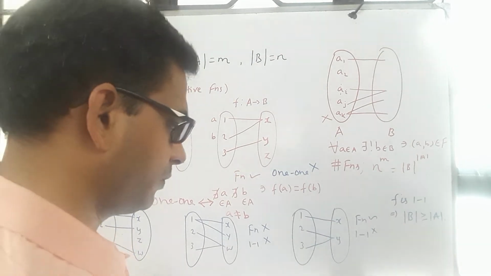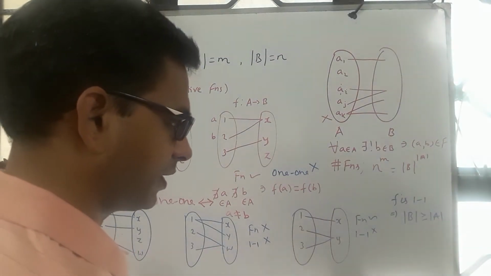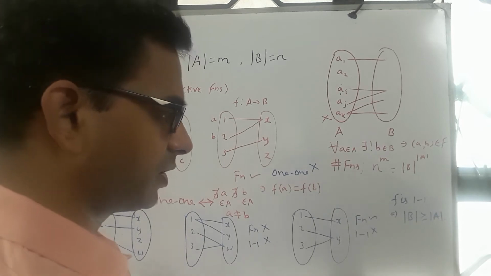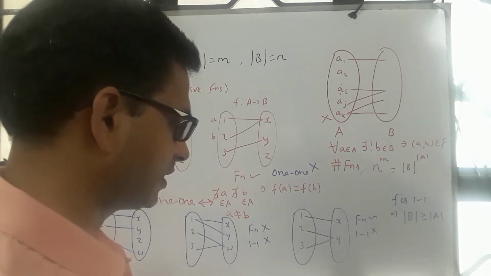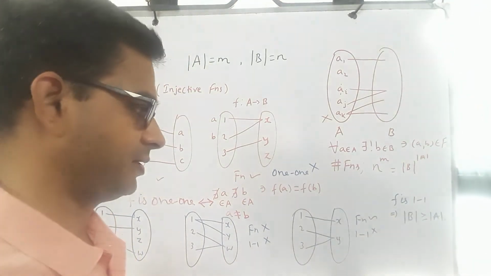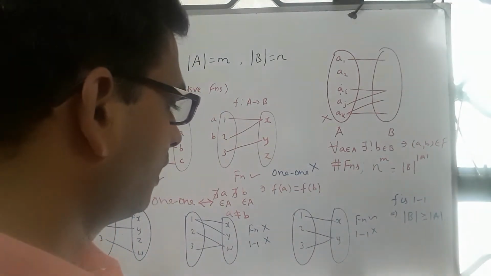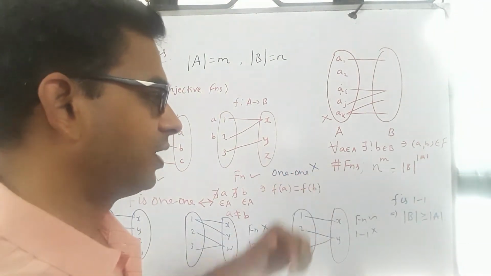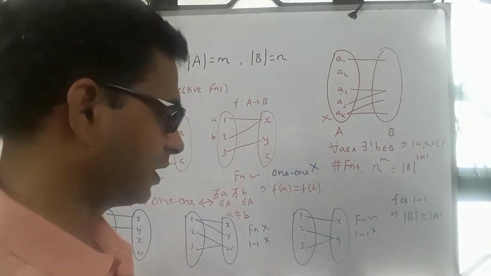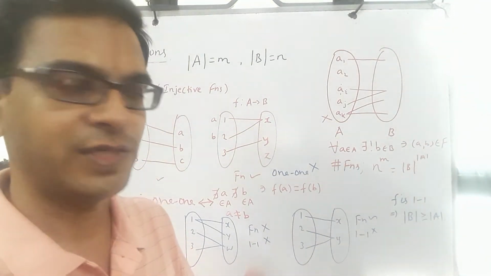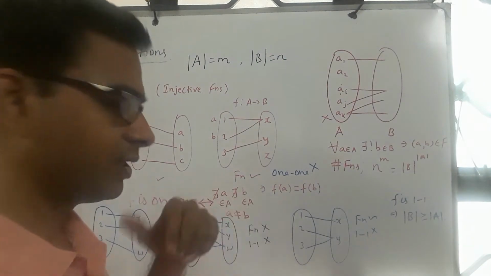And if you see that cardinality of B is smaller than the cardinality of this, then clearly it may be a function, but a 1 to 1 function does not exist. Now we shall see, just like the way we counted functions, can we count the number of 1 to 1 functions satisfying this property.